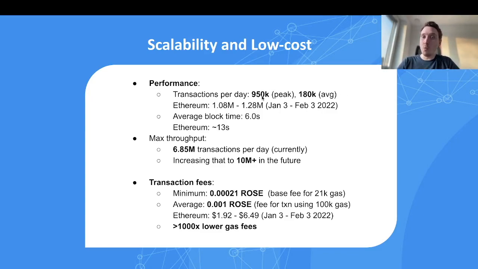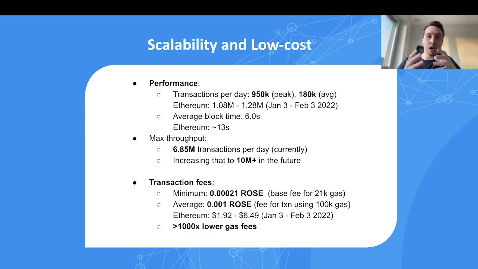And that was almost like Ethereum in the same time frame, right? So we peaked at almost 1 million, a bit less, but on average nowadays we have around 200K transactions per day.